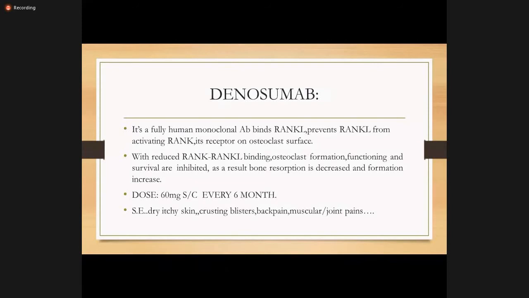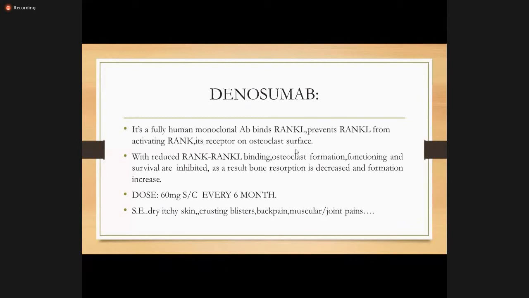Then we have denosumab, a monoclonal antibody. It is a fully human monoclonal antibody that binds the RANK ligand, RANKL, where RANK is receptor activator of nuclear factor kappa B. It prevents RANK ligand from activating RANK on its receptors on the osteoclast surface. So what happens if RANK is not binding with its ligand?